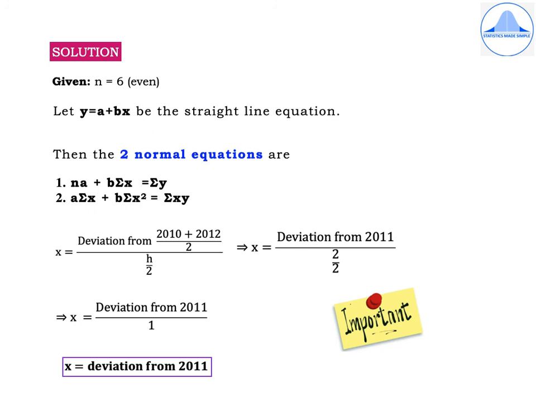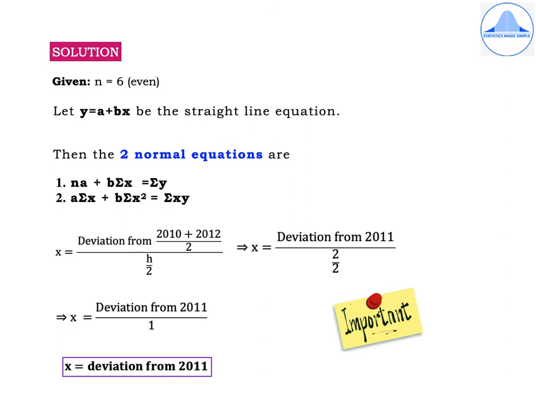Now to find out x, x square and xy, we first need to take each year and subtract it from 2011. So 2006 minus 2011 is minus 5, 2008 minus 2011 is minus 3. Continue in this manner, and the remaining x values are minus 1, 1, 3, 5, which gives summation x equal to 0.